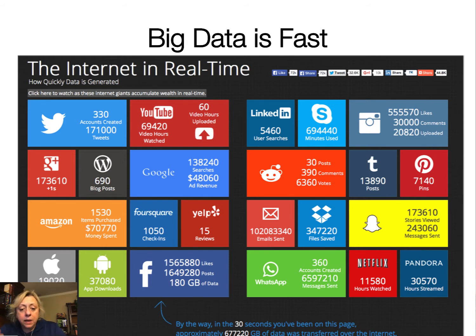Okay, so as I said here, a lot of data is generated by the applications through your mobile devices, computer devices, your car, your smart refrigerator, your smart TV.